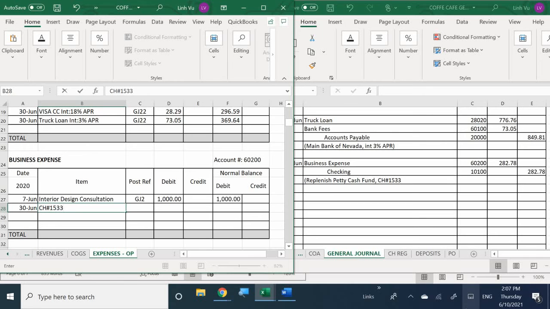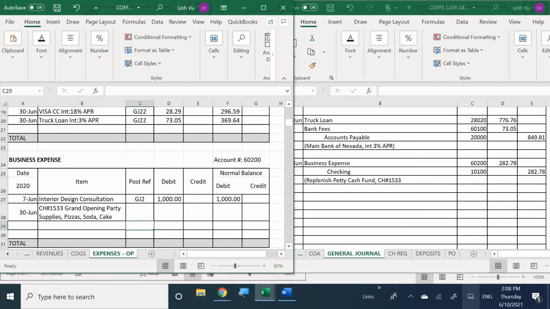In this case, I'm going to throw in a little more detail, saying this was grand opening party supplies, pizza, soda, and cake.